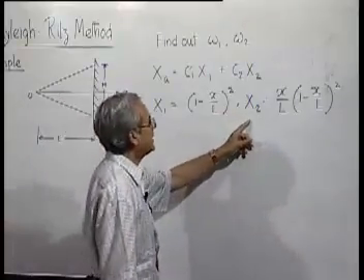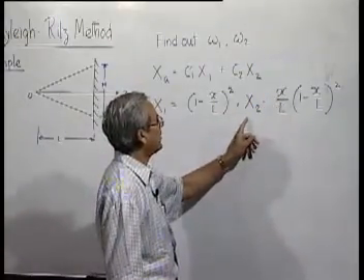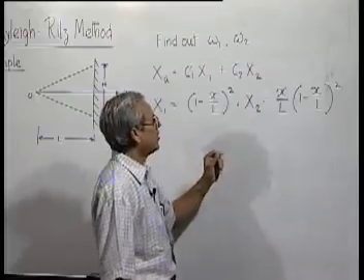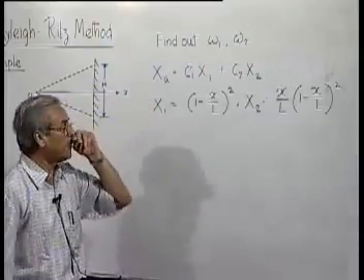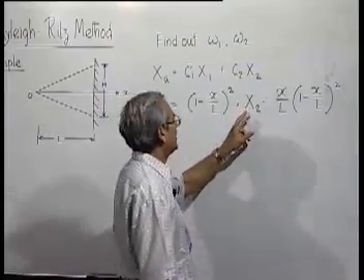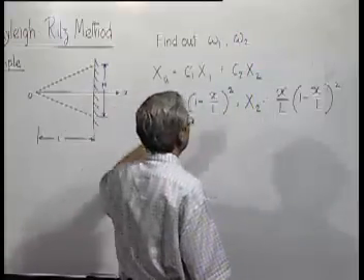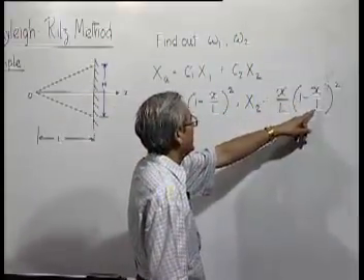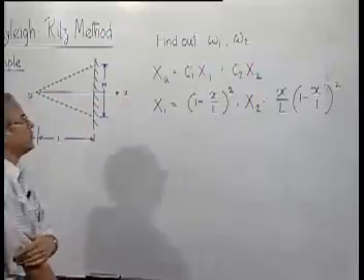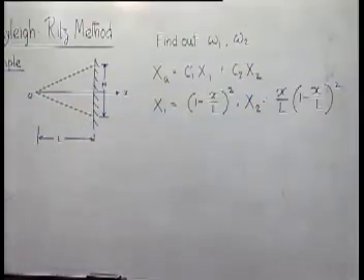This one also, at x equal to 0, is becoming 0. So it is not really satisfying the condition. But at the other end, if you see that x equal to L, it is satisfying both the slope and the value of deflection being 0.